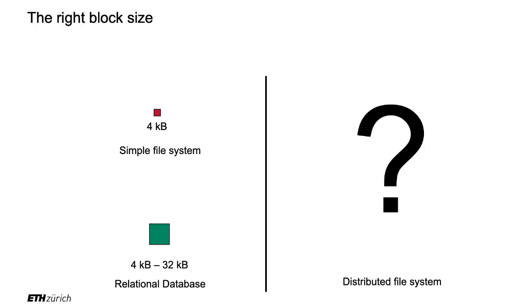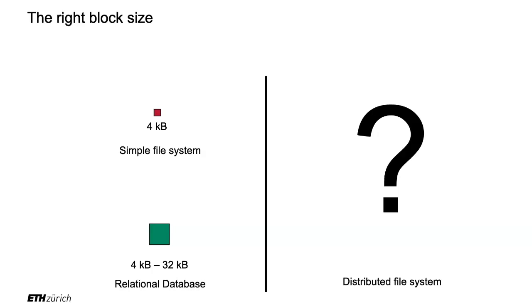The same goes for a relational database, even though in that case we might go all the way to 32 kilobytes, but this is the order of magnitude. So my question to you: how big do you think the blocks in a distributed file system should be, keeping in mind the constraint I told you about? We want to be throughput bounded, we don't want to be latency bounded.